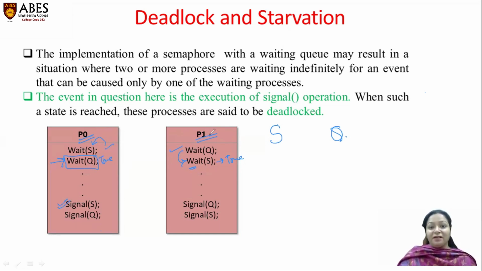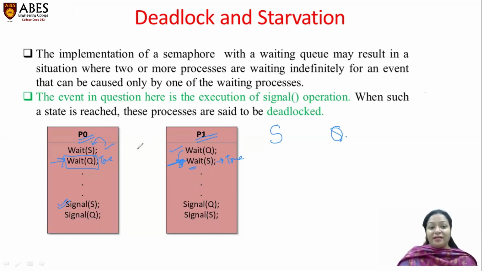Also, process P1 is not able to release the Q semaphore because process P1 is stuck here in the second instruction and is unable to acquire the lock on semaphore S.